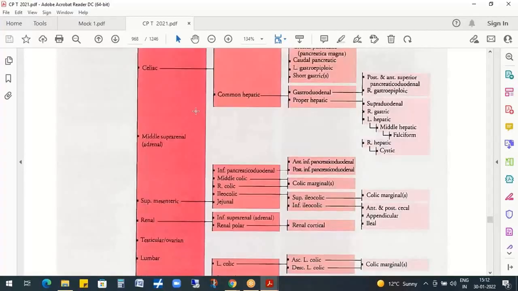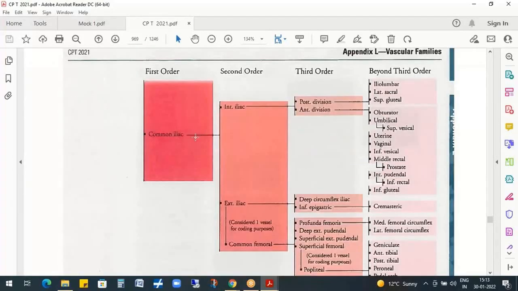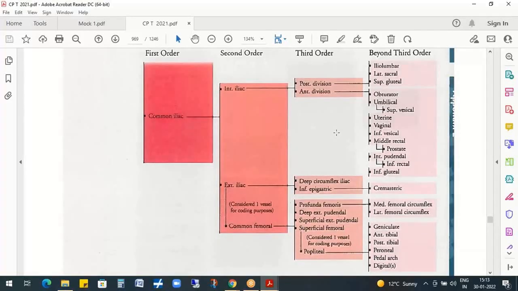Down, in abdominal. Common iliac. See external iliac, second order, this one. Yes. From there it is moved to third order. Yes or no?